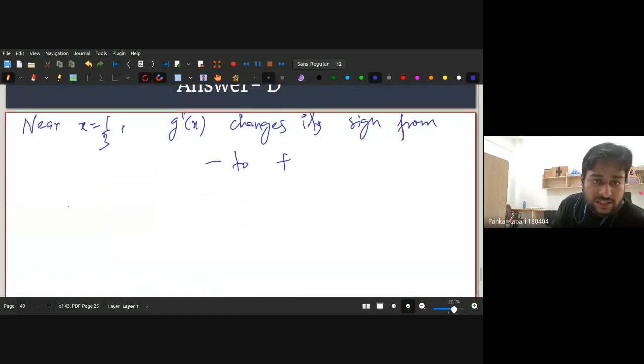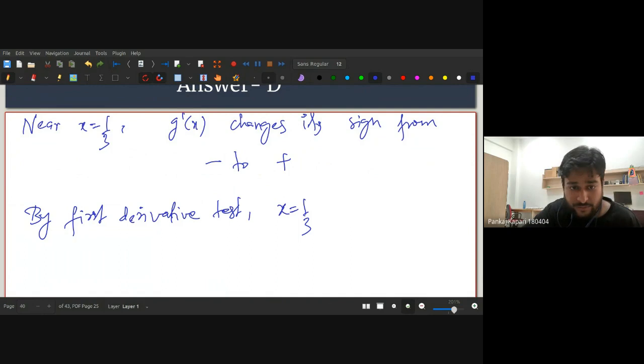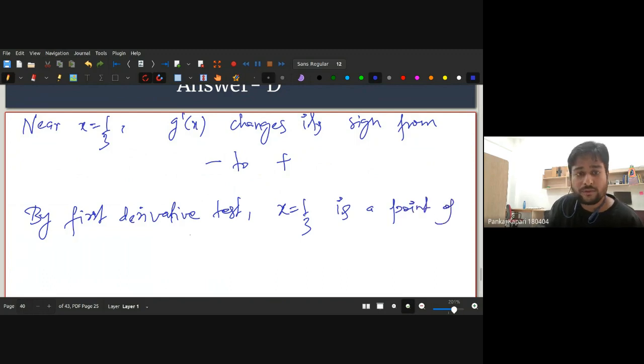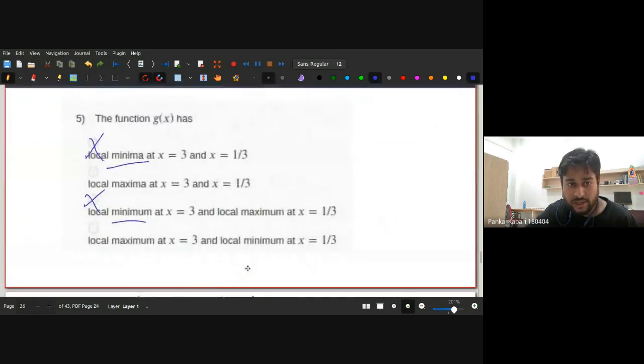And because it changes its sign from negative to positive, by the first derivative test, x equal to 1/3 is a point of local minima, right?